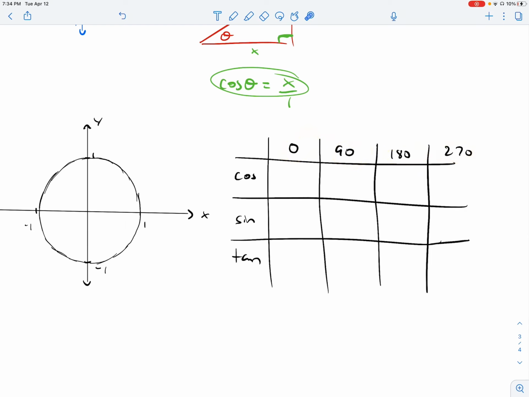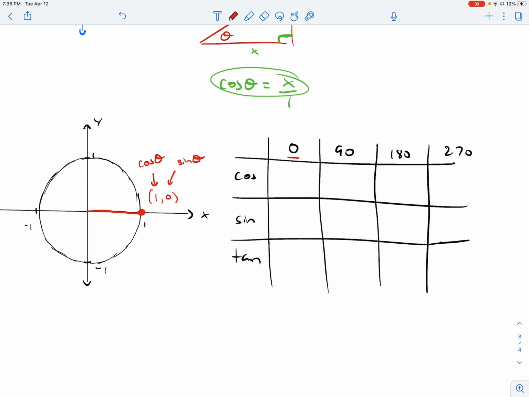I'll do this one in red. So at 0 degrees, that means my arm is right here, and my point is right here. This ordered pair is 1, 0. So remember, the x is cos of the angle, and the y value is sine of the angle.